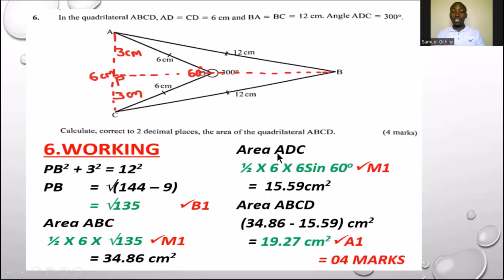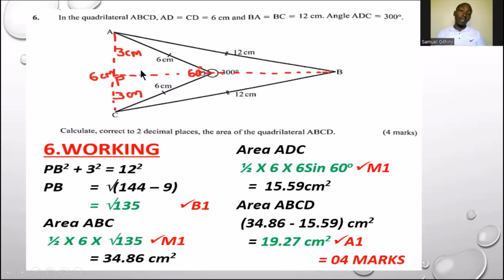Then I proceed now to do the area of the external triangle here. A half times 6 times 6 again, the two sides, times sine of 60. I'm using the sine formula, and I get 15.59 centimeters squared.